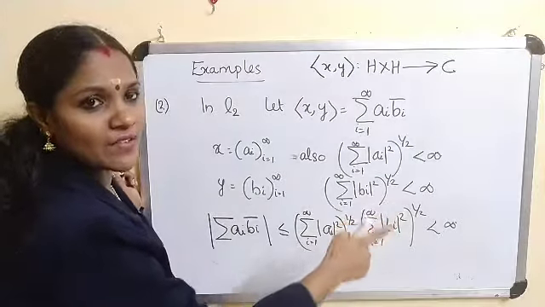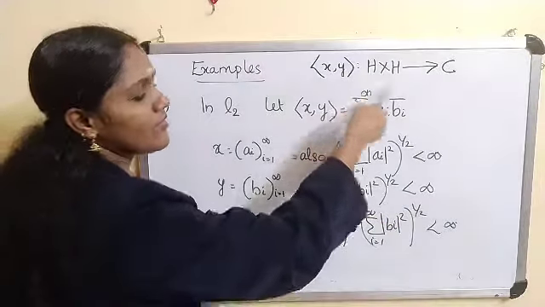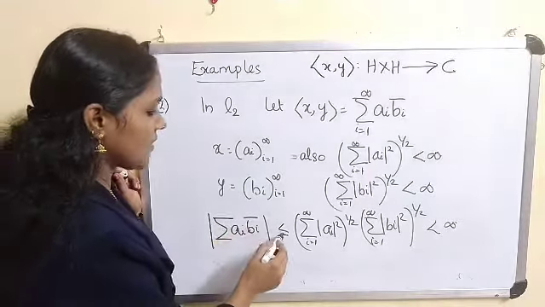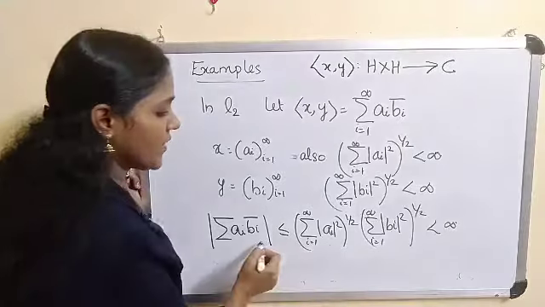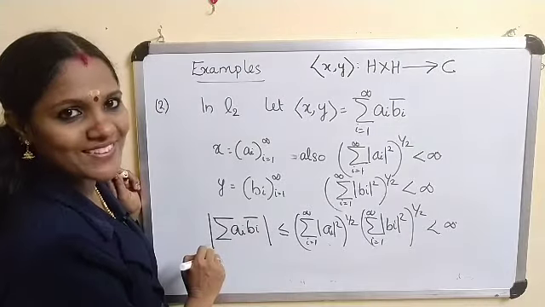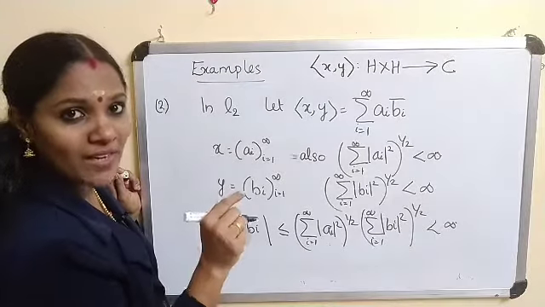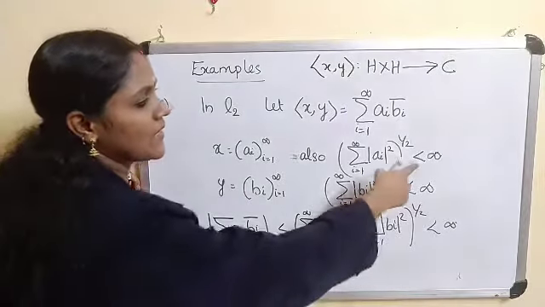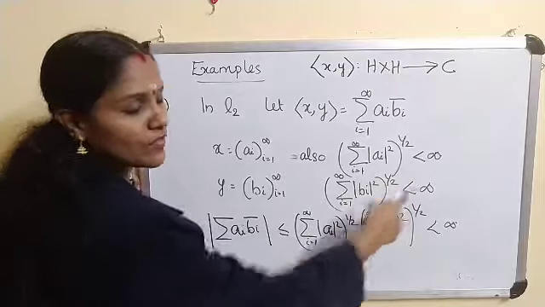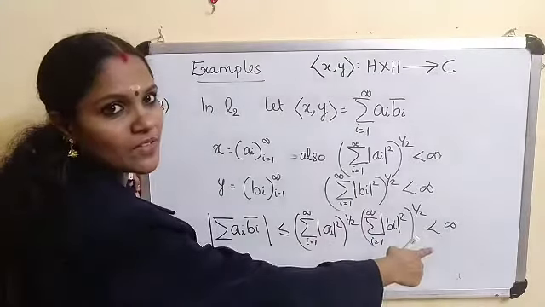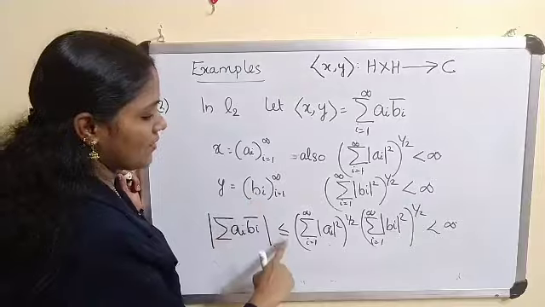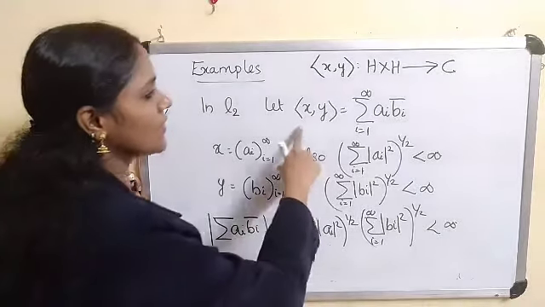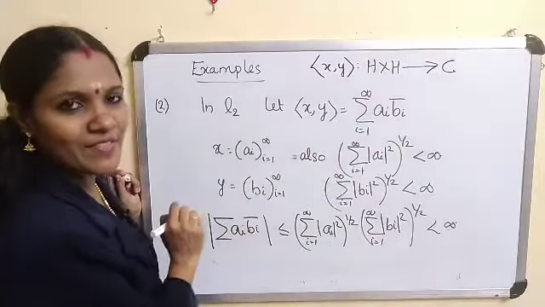This must be clearly less than infinity, then only this value is well defined. Now the modulus of this is less than or equal to this one into this one, because here we apply Holder's inequality with p equal to 2 and q equal to 2. This value is less than infinity and this value is less than infinity, therefore this product is always less than infinity. This value is less than infinity, which means this is a well defined function.